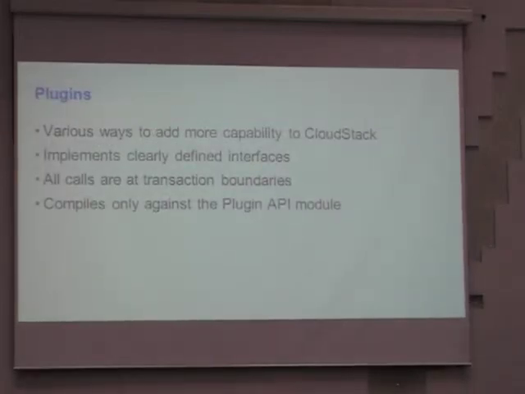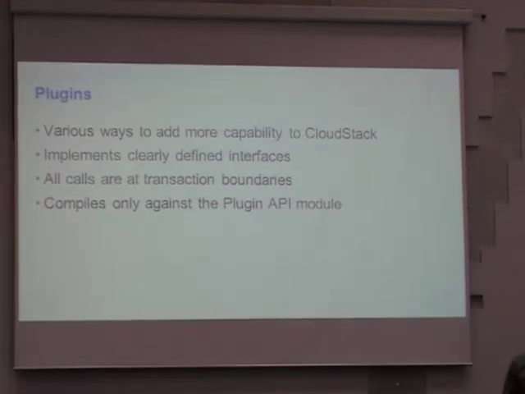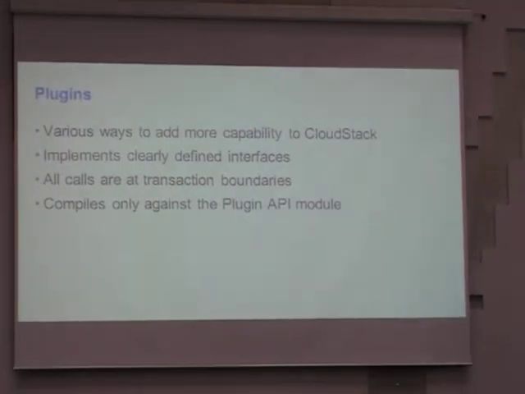The plugins range across a lot of things. You can change how a user can authenticate against CloudStack. You can change how a VM can be allocated within CloudStack. For example, the way CloudStack does VM allocation today, probably three or four different ways. Off the top of my head, one way is random.